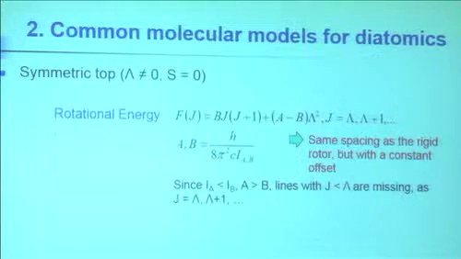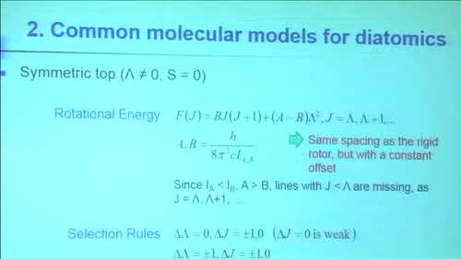A and B have the same meaning they've had before. I sub A is small, it's a diatomic molecule, so A is really much bigger than B. And lines with J less than lambda are missing. So J has to be at least as big as lambda because J is a sum of lambda and N.